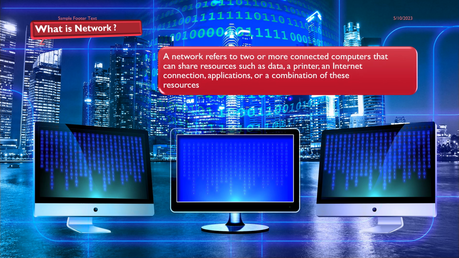A network refers to two or more connected computers that can share data, such as a printer and internet connection, applications, or a combination of resources. For example, if this PC has some JPEG file or documents to share with this PC, then both sharing the data is called network connectivity.